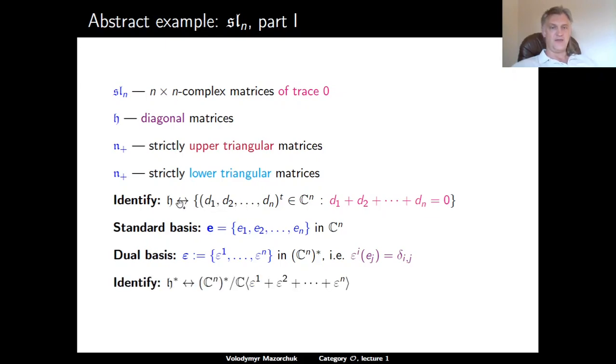So now we have identified H as a subspace of Cn. Then H star can be naturally identified with the quotient of Cn star by the subspace given by the linear span of the sum of all elements in the standard dual basis of Cn star.